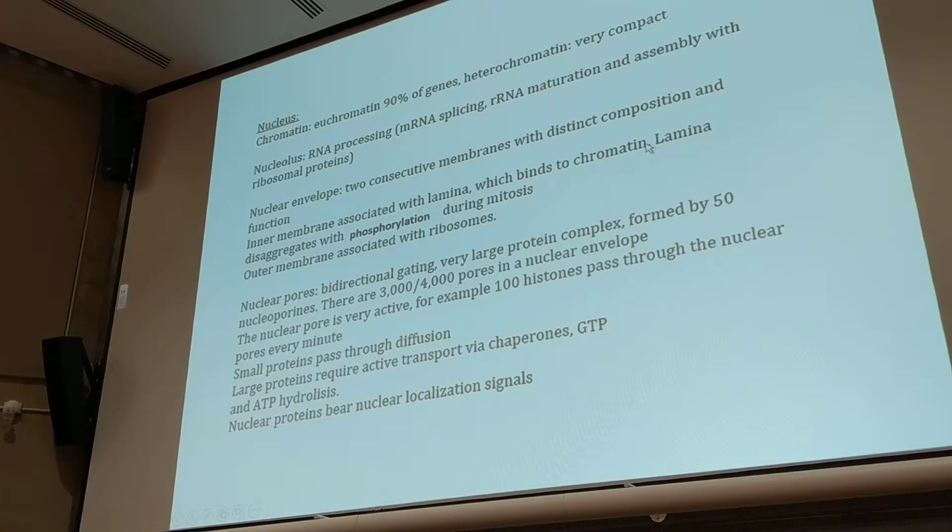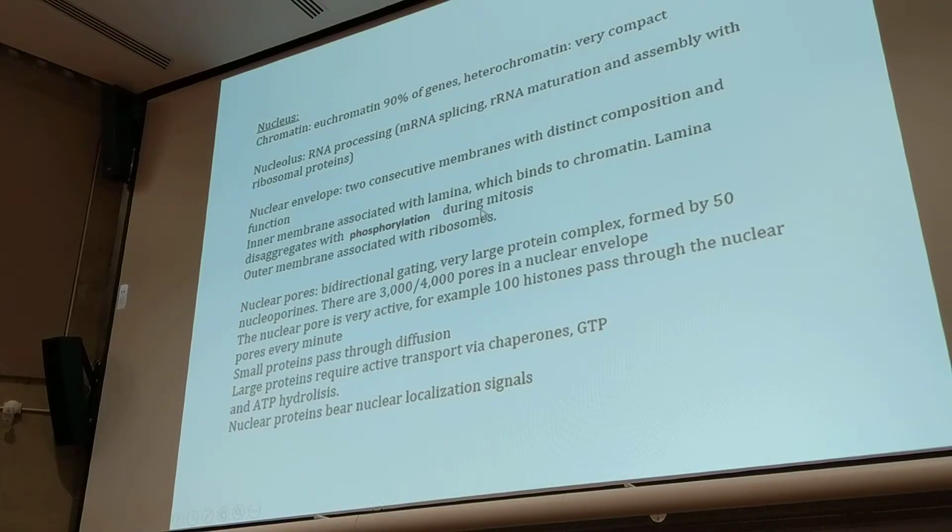The densely packed chromatin. The lamina segregates with phosphorylation during mitosis, and that leads to the segregation of the chromosomes and the disintegration of the nuclear envelope. The outer membrane is associated with the ribosomes.